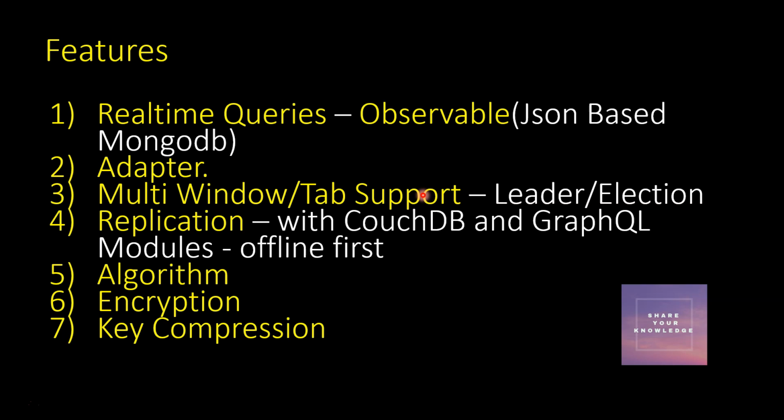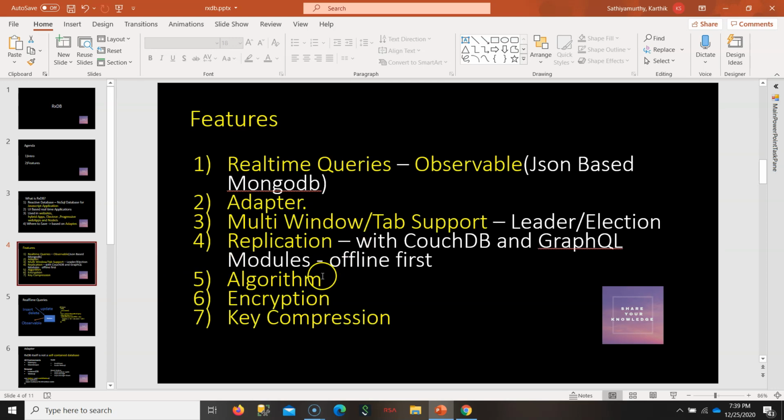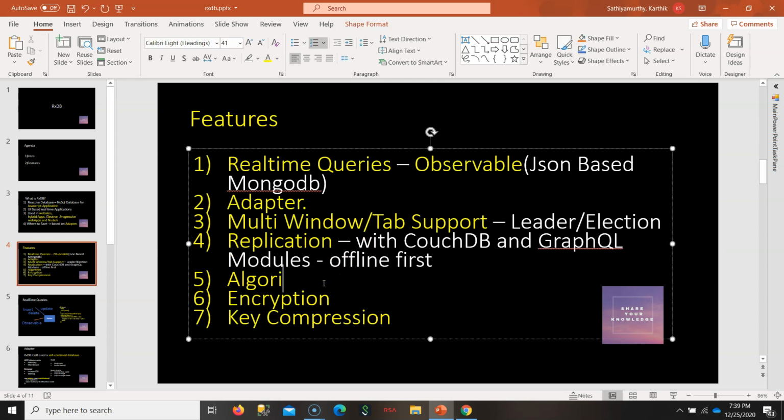Other features are the use of adapters, multi-window and tab support, and replication with CouchDB and GraphQL models, which facilitates offline-first, and encryption and key compression.